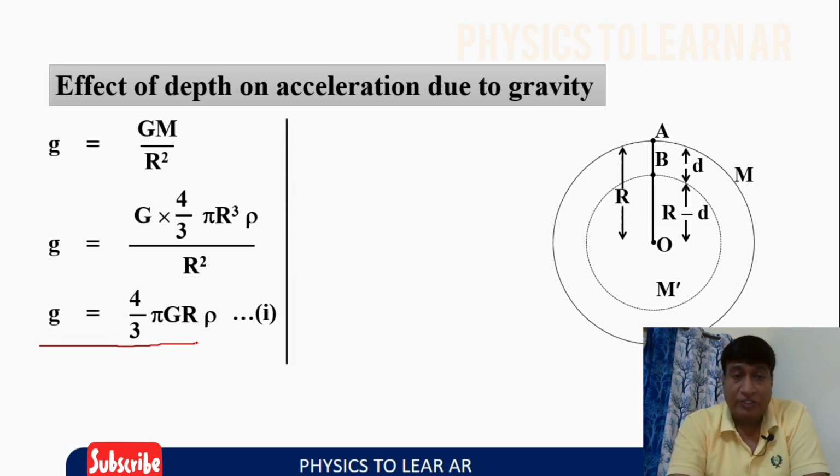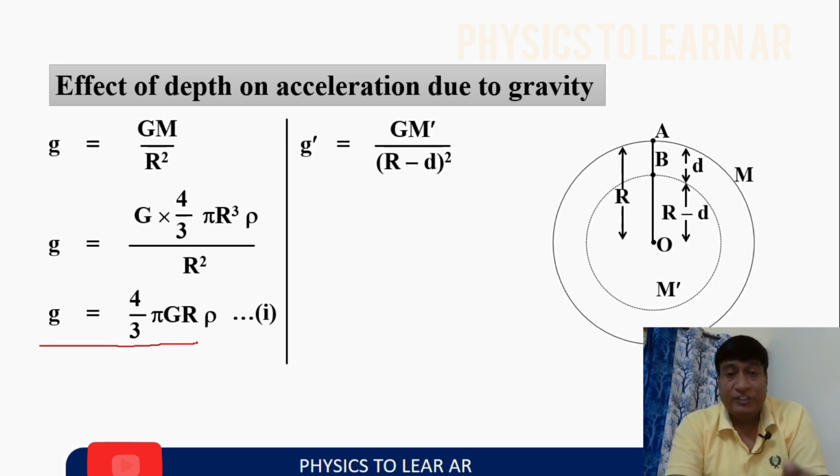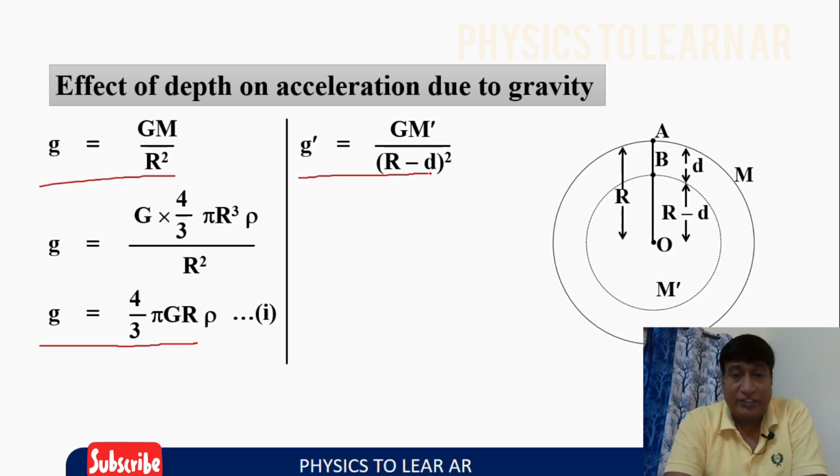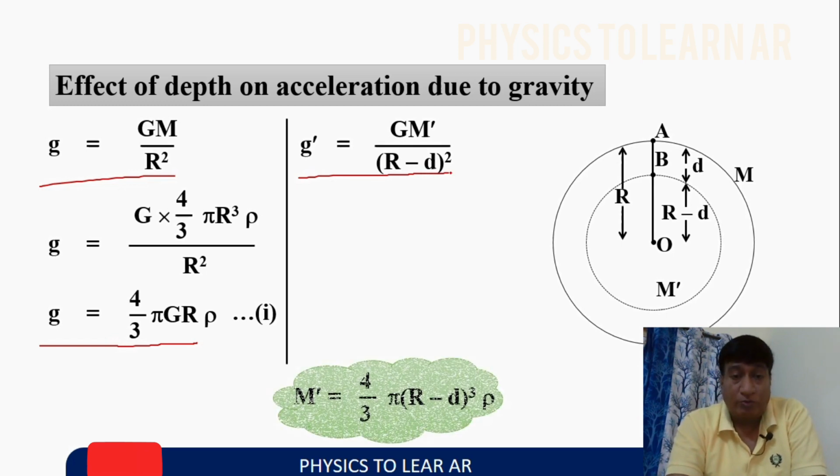So with the help of that, g dash at a depth d is G M dash by (R minus d) whole square. Here, g on the surface of the earth is this value, and inside at depth, g dash is this value. The M dash value I can write as 4 by 3 pi (R minus d) whole cube into rho.